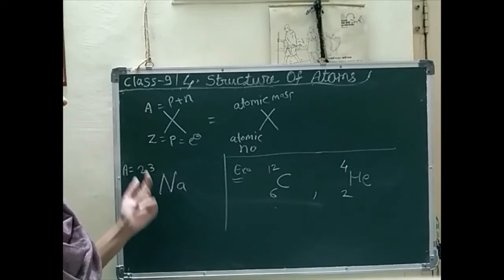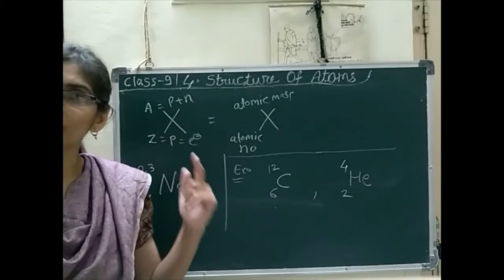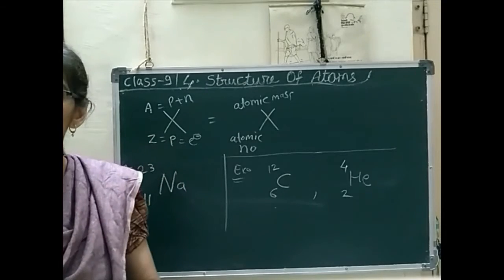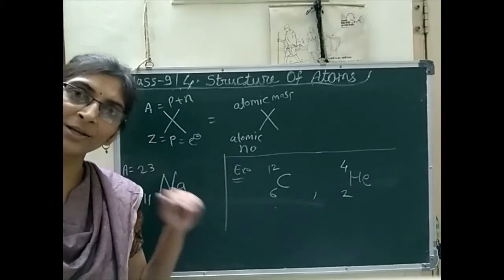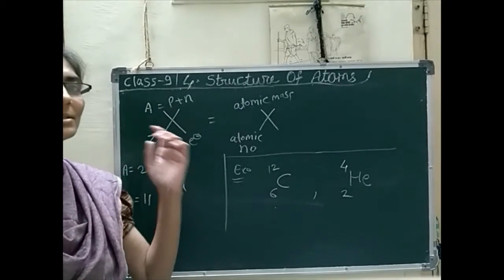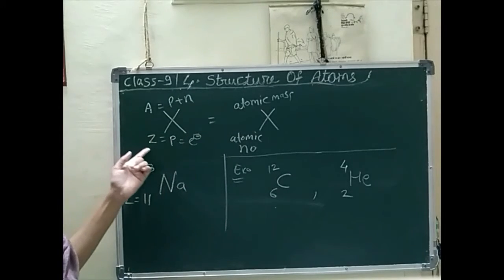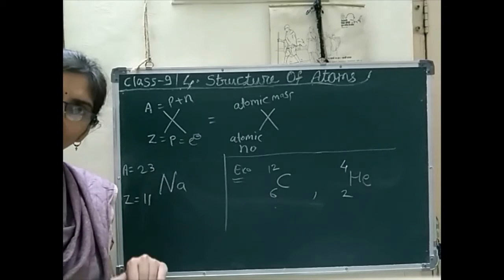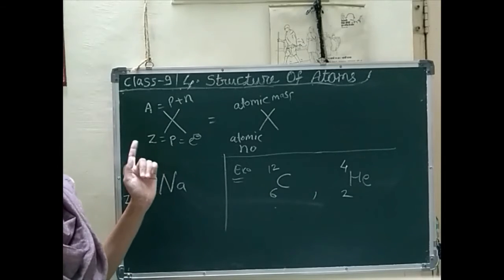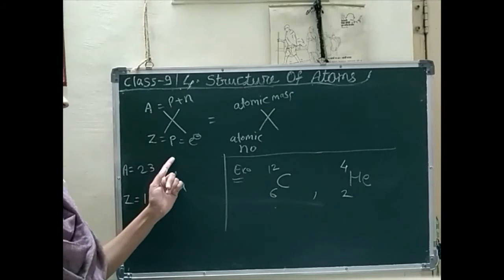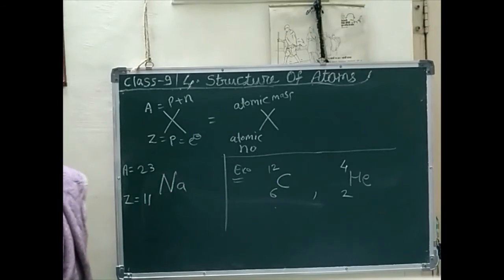The atomic mass is equal to number of protons plus number of neutrons, and it is present inside the nucleus, and electrons are equal to number of protons. Atomic number is denoted by Z, and Z is equal to number of protons and also equal to number of electrons. That is a very important point.